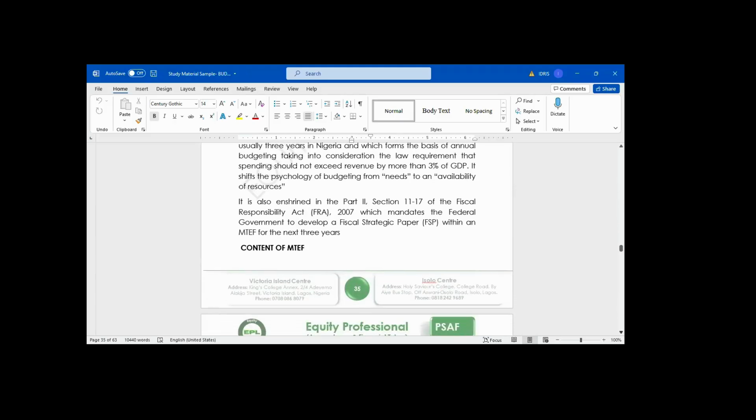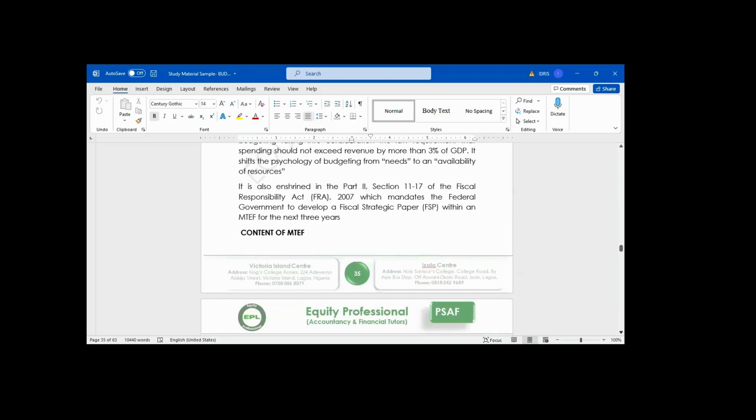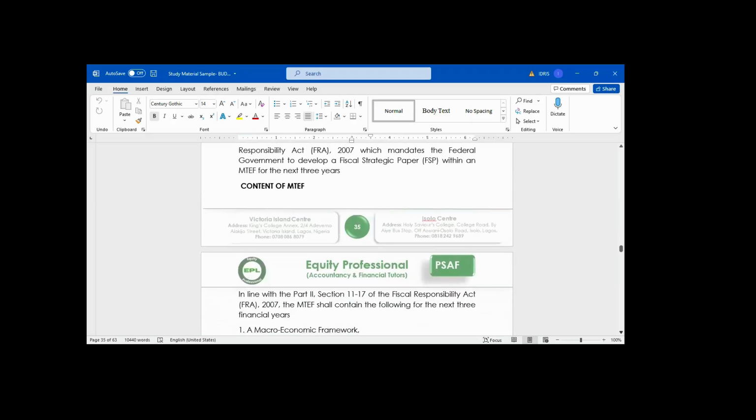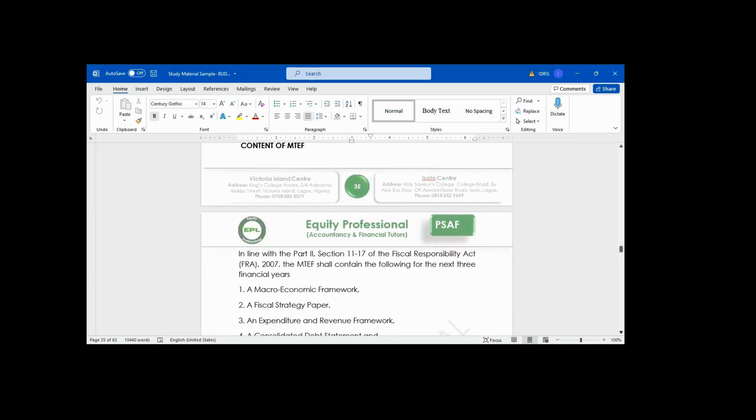And we have the content of the medium-term expenditure framework. What are the contents we have? One of the contents is the macroeconomic framework.